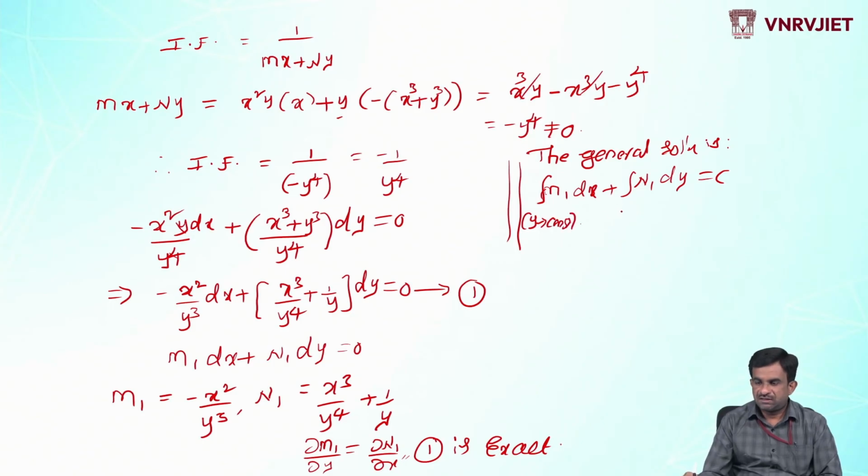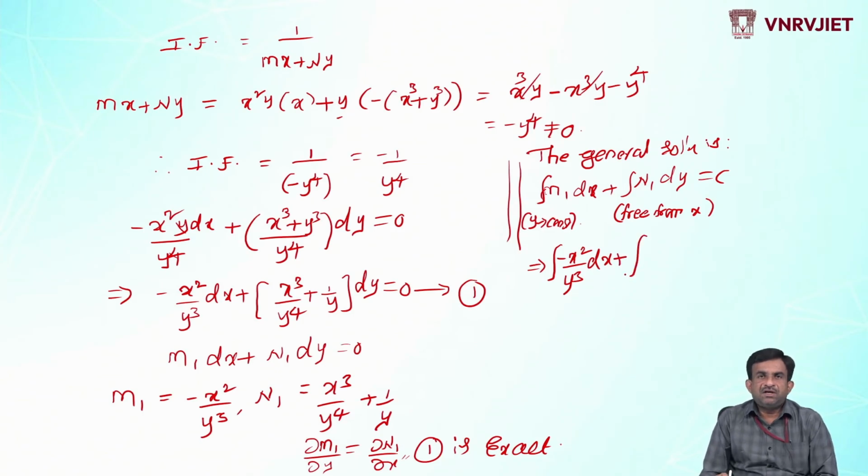In the second integral we take the terms free from x, or the terms that do not contain x. So that implies integration m1 dx. What is our m1? Minus x square by y cube into dx, then plus here we have to take the terms which are free from x. In n1, this term is containing x, so don't take this term.